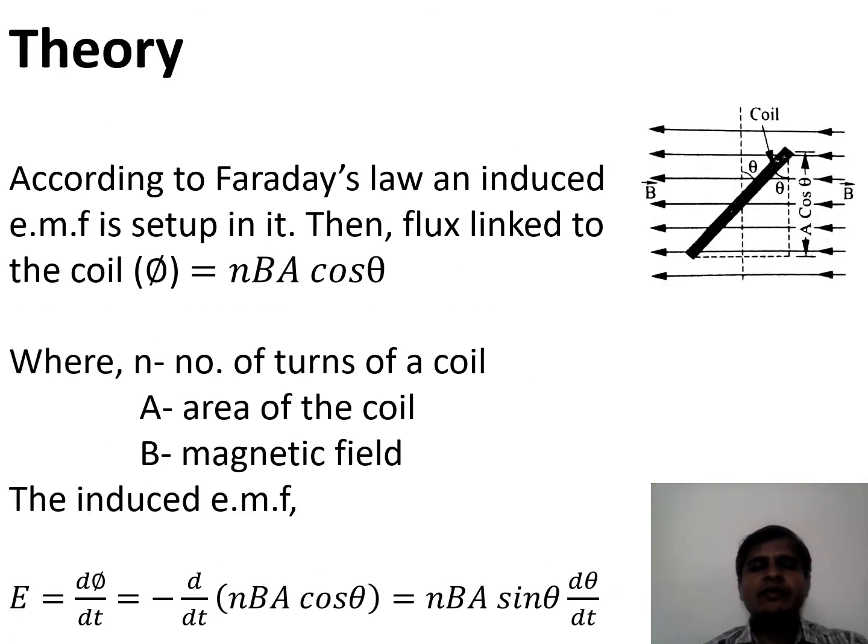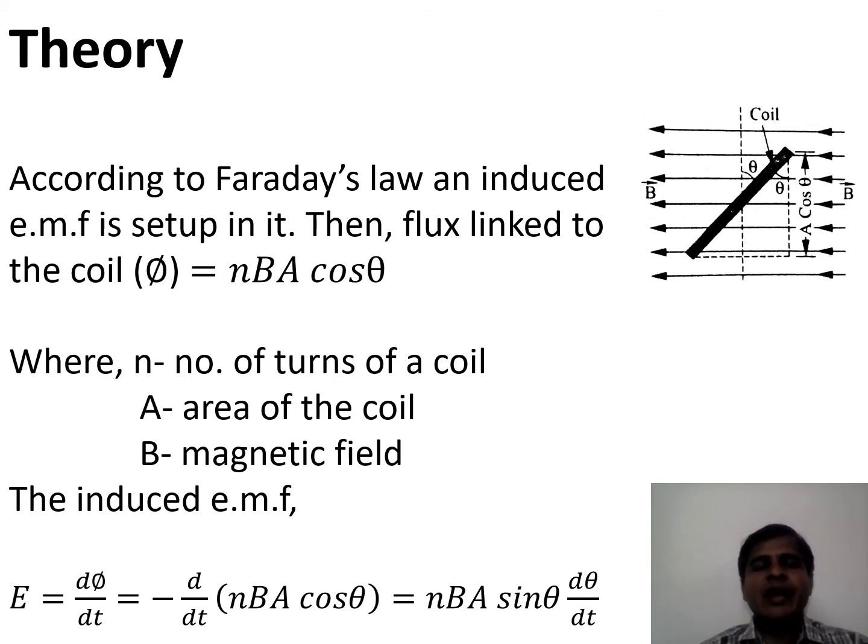The theory behind the working of earth inductor. On the right hand side of the screen, we consider a coil of n turns and having an area A kept in a uniform magnetic field B, and when it is rotated in this uniform magnetic field, the flux associated with the coil changes.